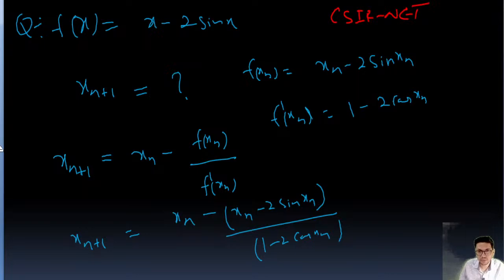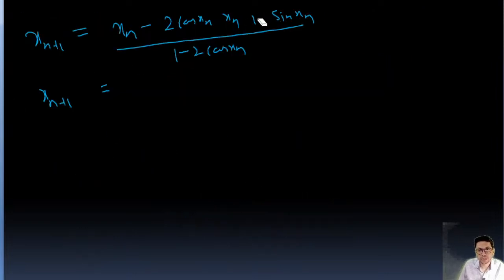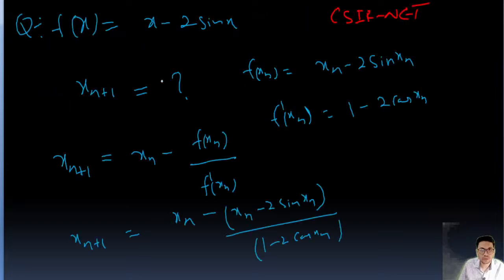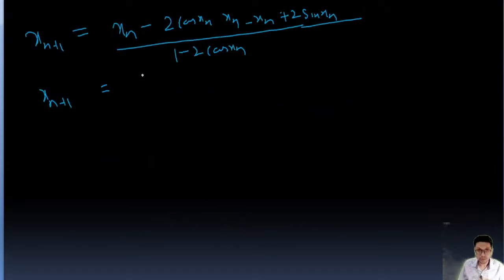Any mistake we have done? Yes, x_n is also in that, right? So this is minus x_n plus 2 sine x_n, okay? So we'll solve it now. Simple. So this will get cancelled, okay? And we'll take 2 common, and this is going to be sine x_n minus cos x_n into x_n.